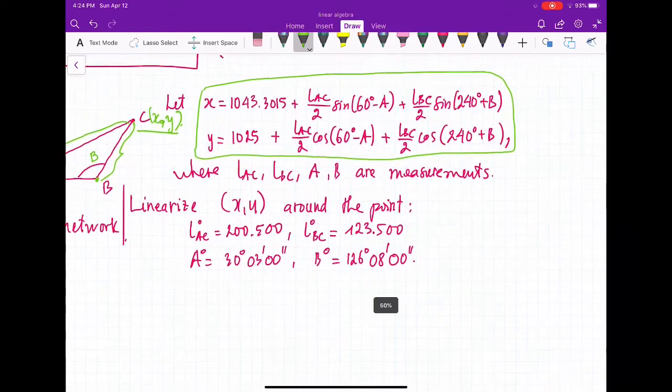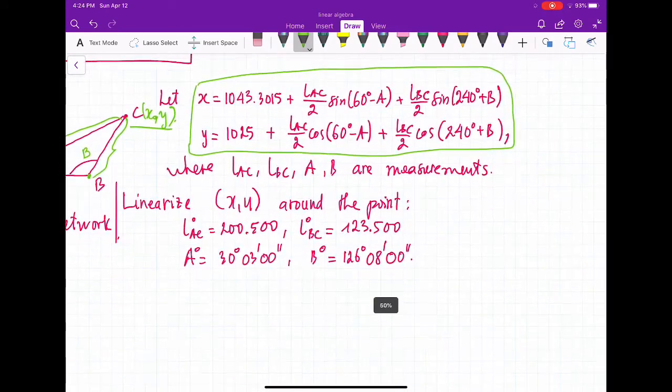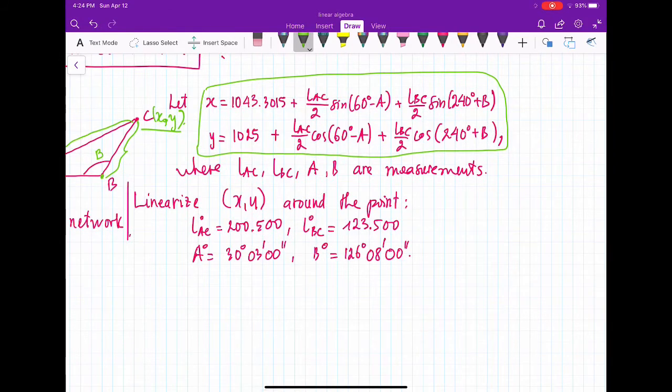Okay, they ask us to linearize x and y. That means in this case, the position of C is a function of x and y, and x and y are two functions of four variables. You see, four variables here. They depend on the distance from AC, from BC, and then the angles A and B in this picture.